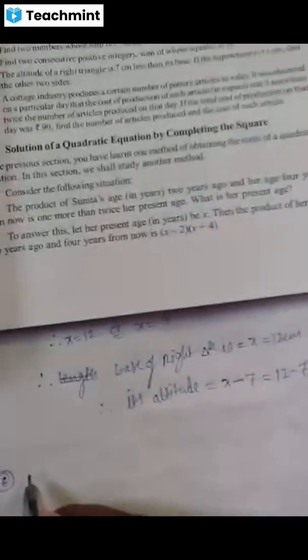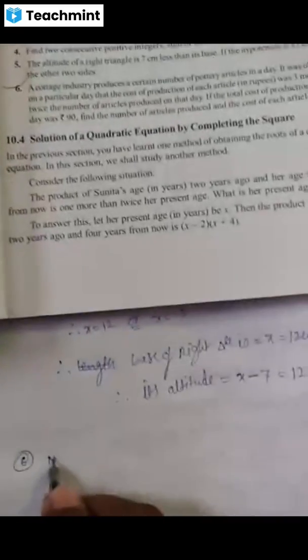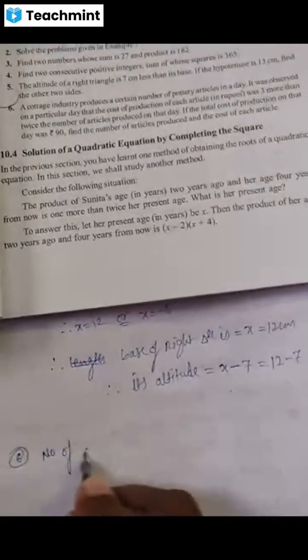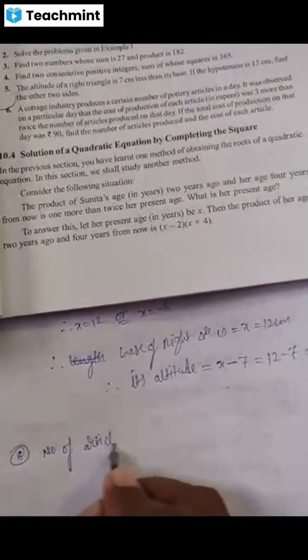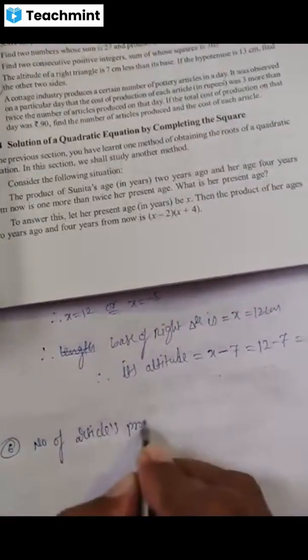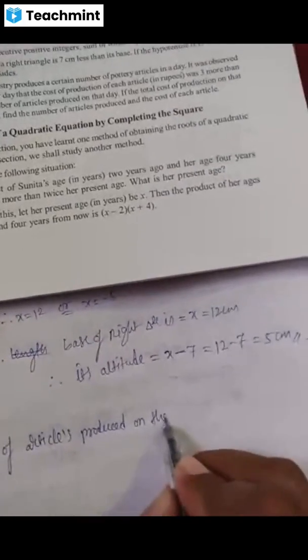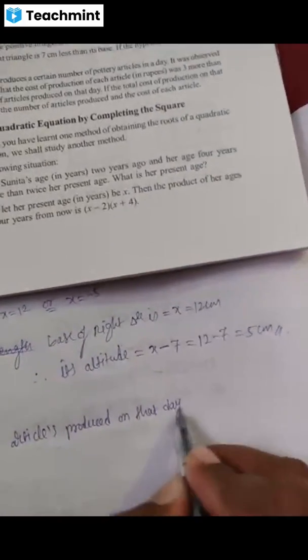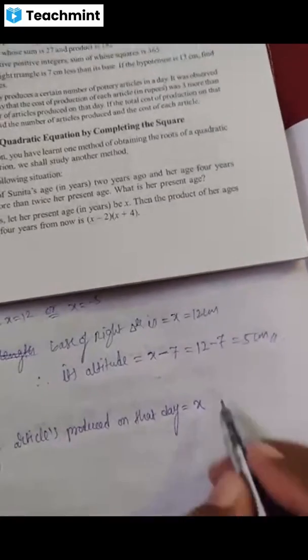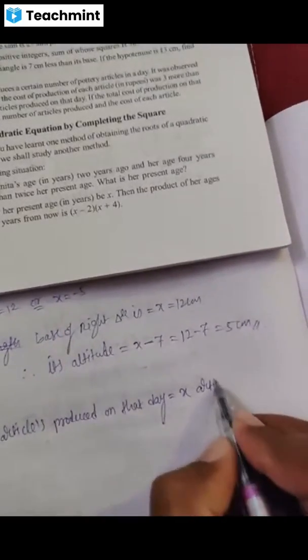So first, the number of articles produced on that day is taken as x articles.